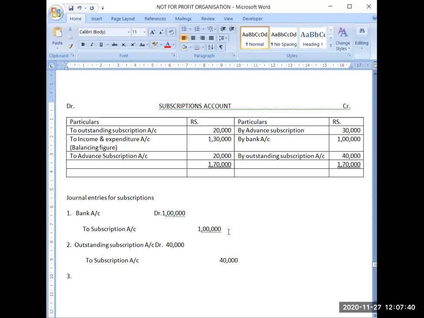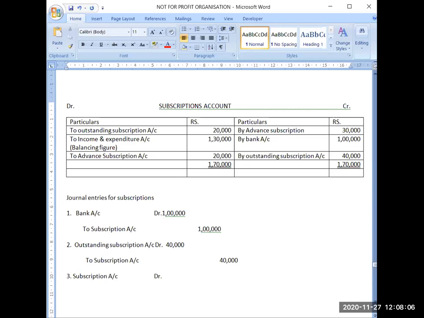Yes. So now if I want to reduce this income, I should debit subscription account to reduce this income. So in the journal entry, I will reduce the income by debiting subscription account, debit.